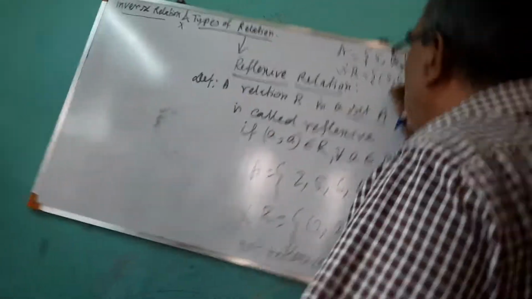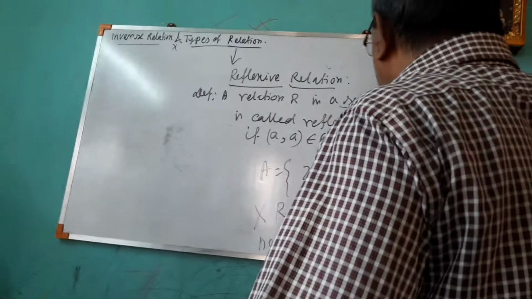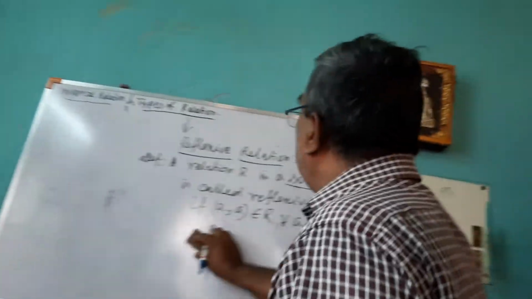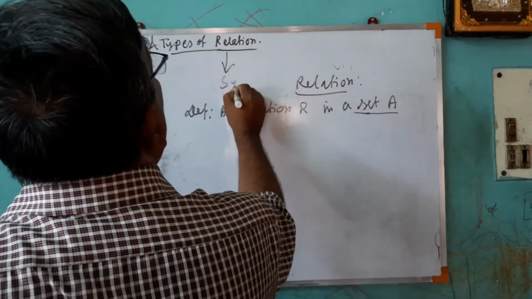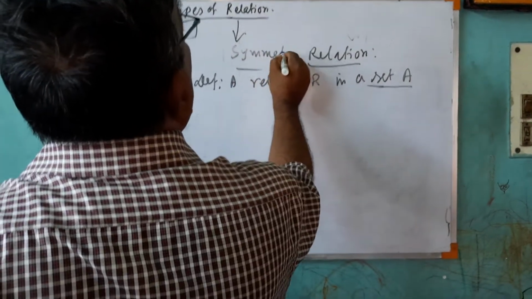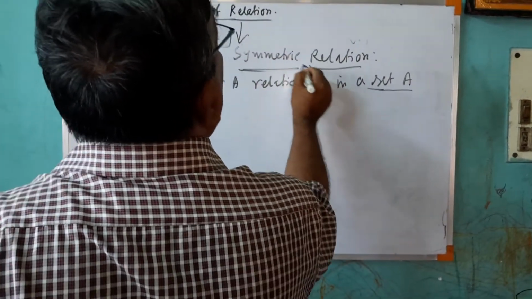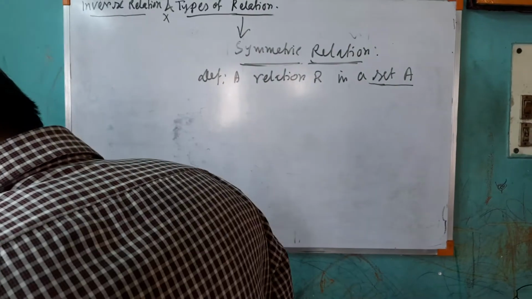Next I am coming to symmetric. Symmetric is also easy. A symmetric relation. Okay, what is a symmetric relation?